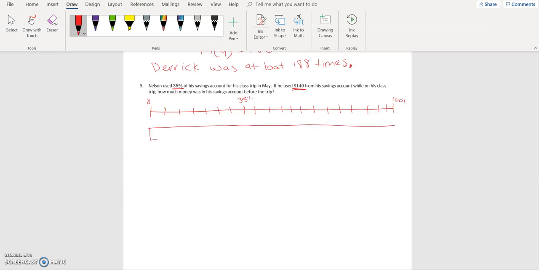His whole entire thing. 35% of his savings account for his class trip in May. If he used $140 from his savings account when he was on the trip, so this is going to be $140. How much was in his whole entire account before?